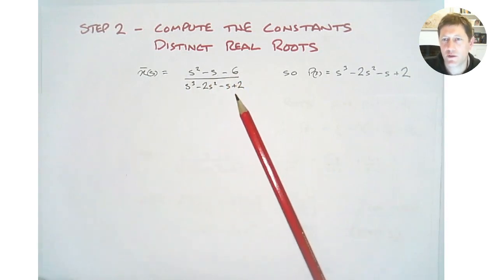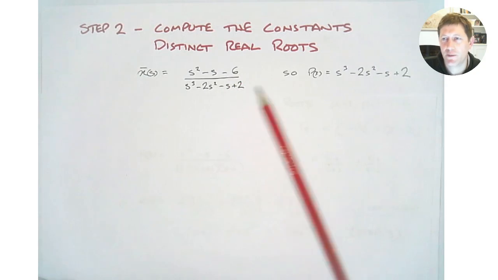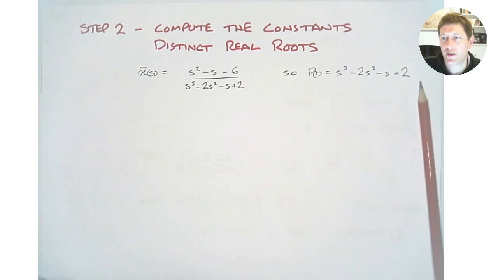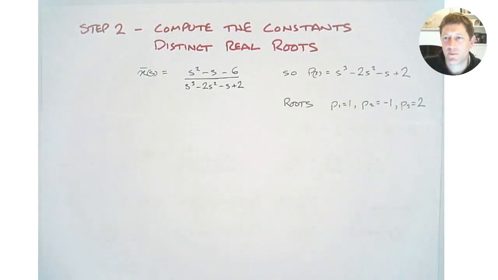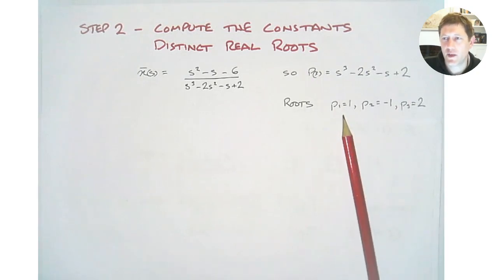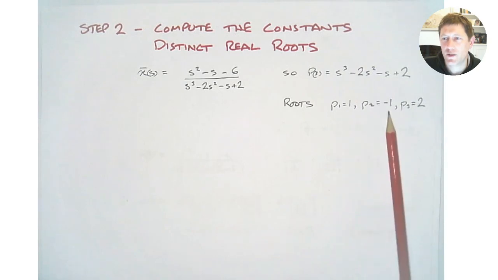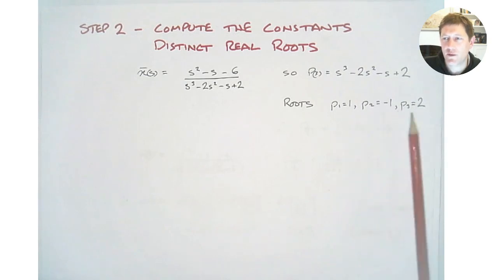Polynomial order 2, polynomial P(s), which is order 3. We've identified that that's the polynomial P(s) there, s cubed minus 2s squared minus s plus 2. You'll be able to see for yourself that this has roots p1 equals 1, p2 equals minus 1, and p3 equals 2.